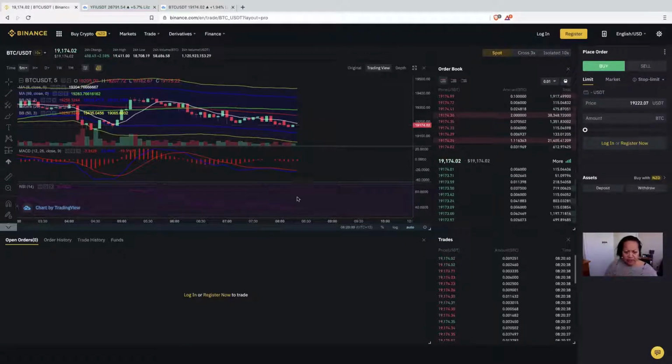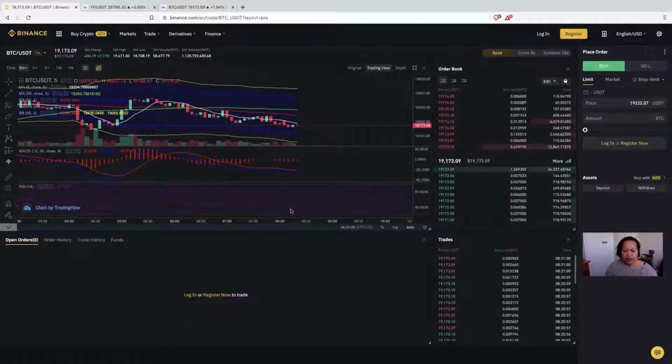So you've got the RSI, which is the relative strength index, and pretty much it indicates momentum around measuring your recent price changes. I normally just use it to show whether a coin is overbought or oversold.